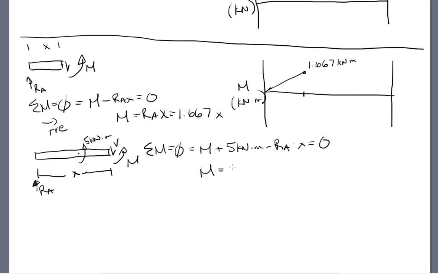So your m is equal to RA x minus 5 kilonewton dot meter.